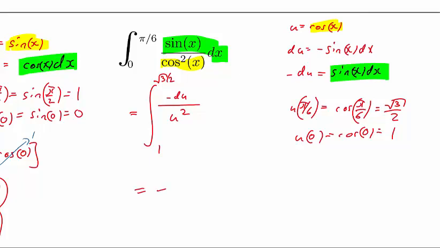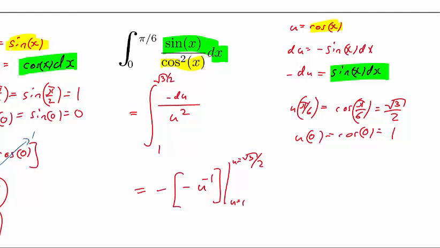Negative signs out front. So when we work this through, keep in mind that's u to the negative 2 exponent, right? That's what that means. And so negative 2 plus 1 is negative 1. Don't forget the negative sign there. And then we go from u equals 1 to u equals root 3 over 2.